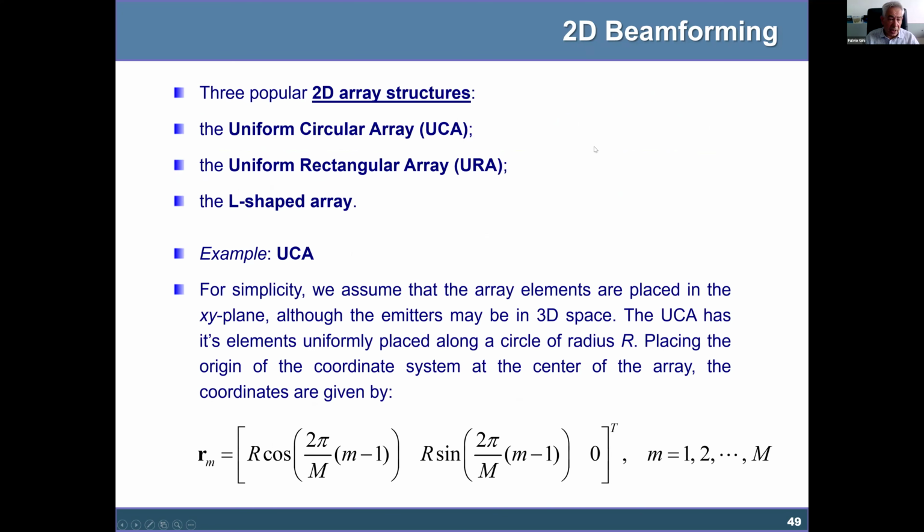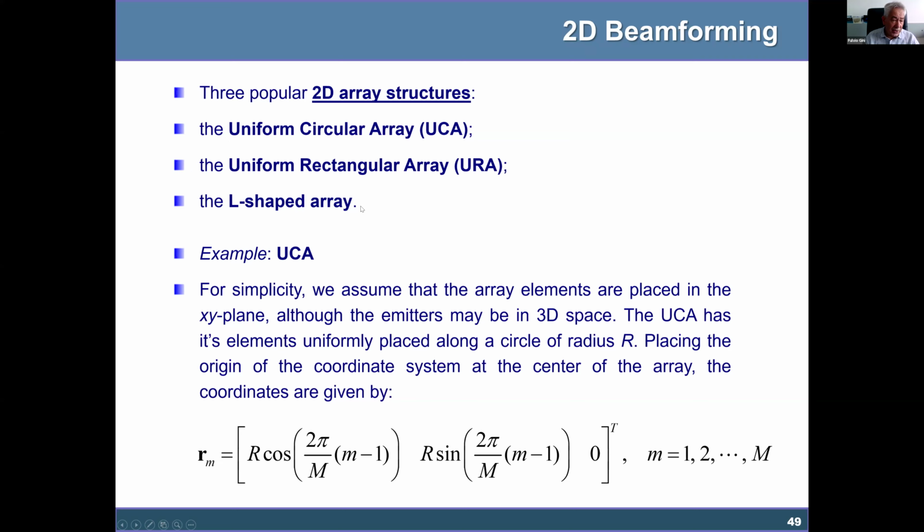So let's consider and compare three popular two-dimensional array structures. The uniform circular array, that is widely adopted in, for example, airborne radar, the uniform rectangular array, and the L-shaped array.